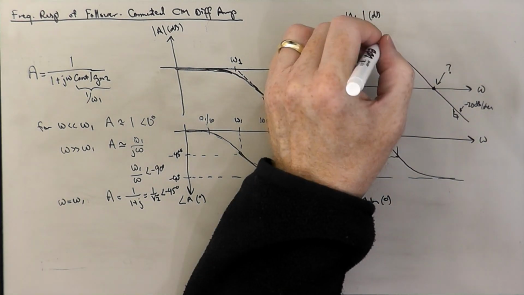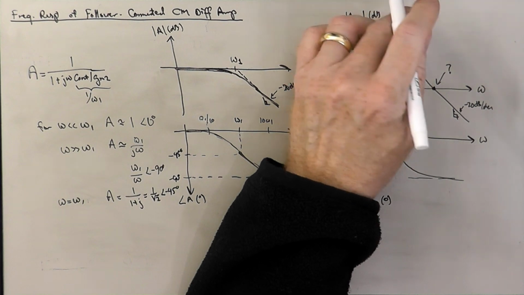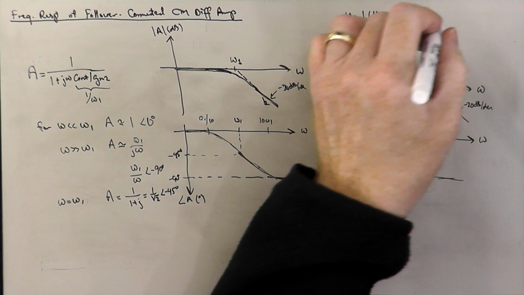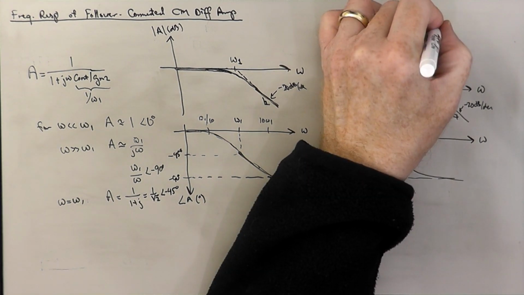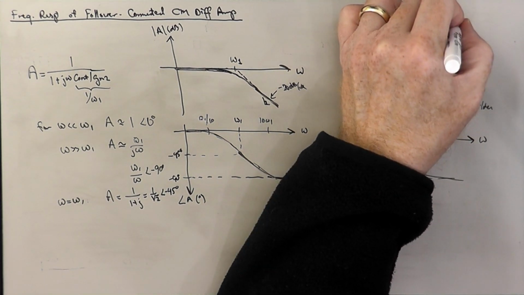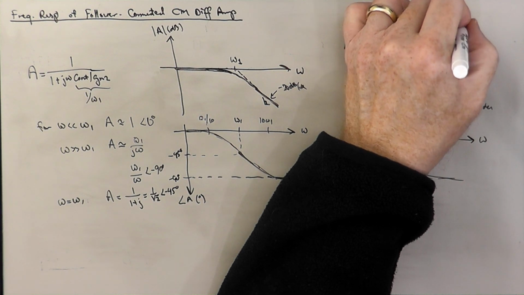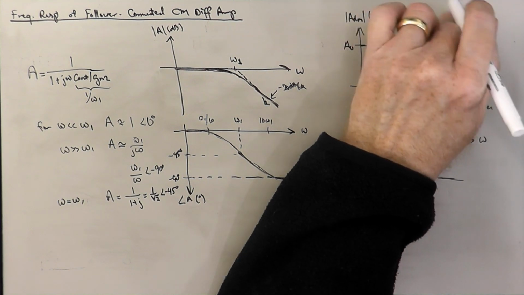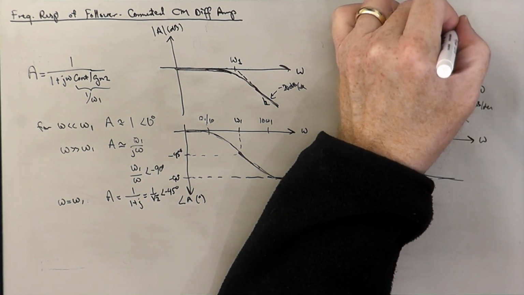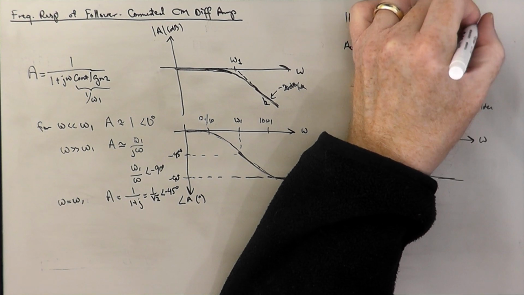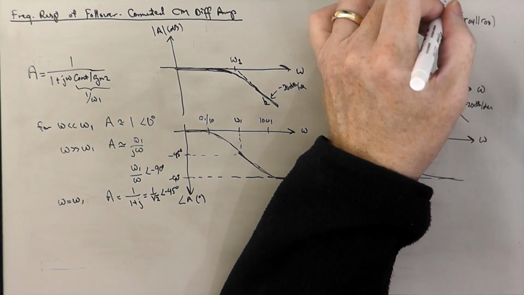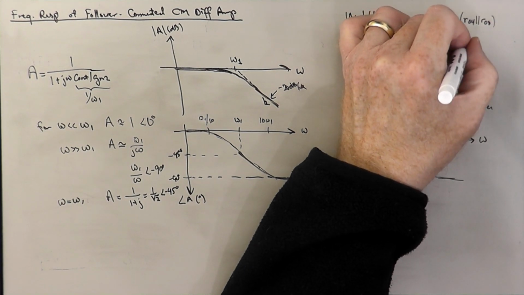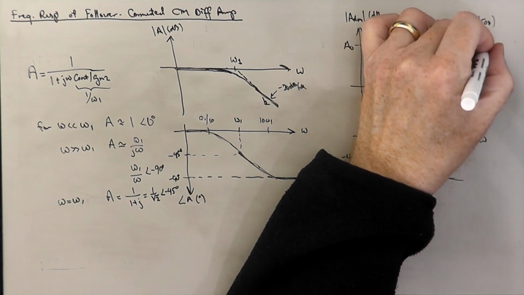Well, A0, if you recall, A0 was GM1 times RO4 parallel RO8. And tau was equal to RO4 parallel RO8 times C out.